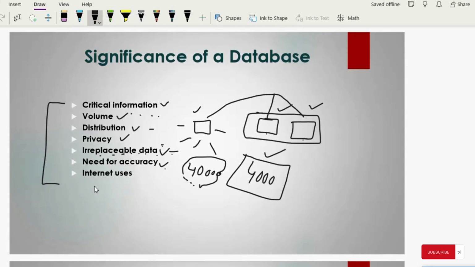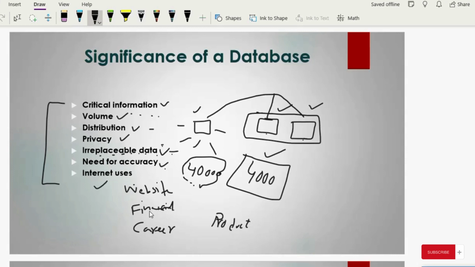Then finally, internet uses. Most of the databases are used by internal as well as external users of the organization. The most common example is the website of a company. It includes the financial statements of the company, the career opportunities of the company, and the products and their pricing.